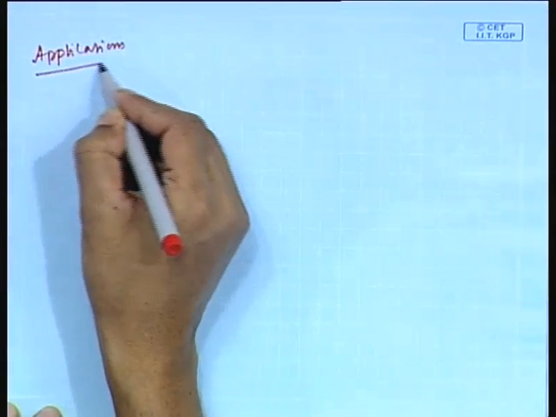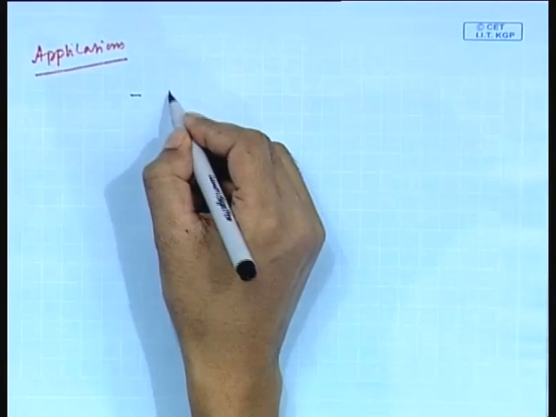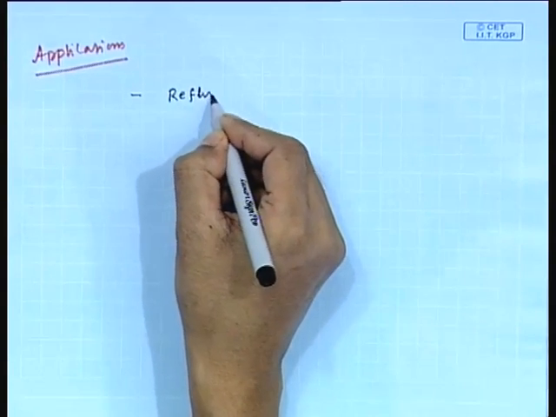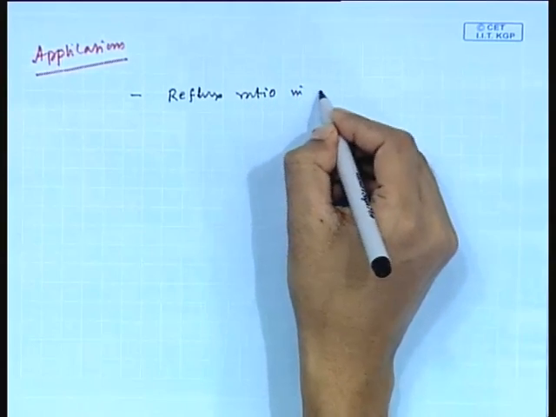Next, we will discuss the applications of this ratio controller. Can you give a few examples where we can employ this ratio controller, where basically the ratio is involved? Like one example is the reflux ratio in distillation.